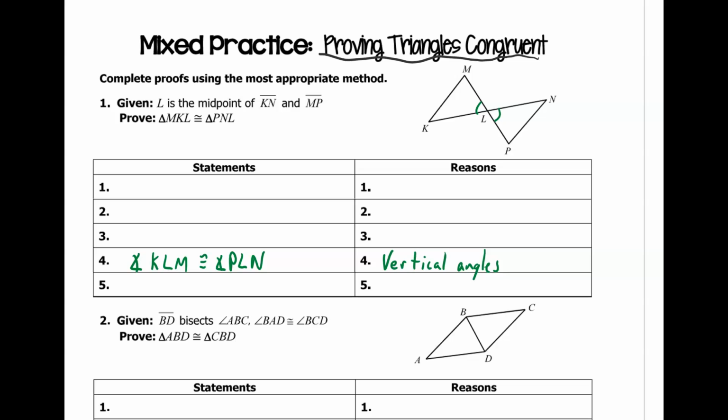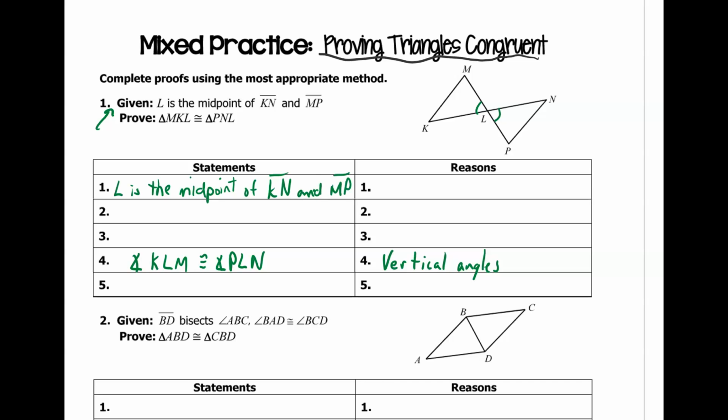Other statements come from given information. Anytime you're given something in a proof, you're going to use the fact that it's given as your reason, and you're going to state it in the proof. So I'm going to state this given information in the proof. It says L is the midpoint of segment KN, and segment MP.